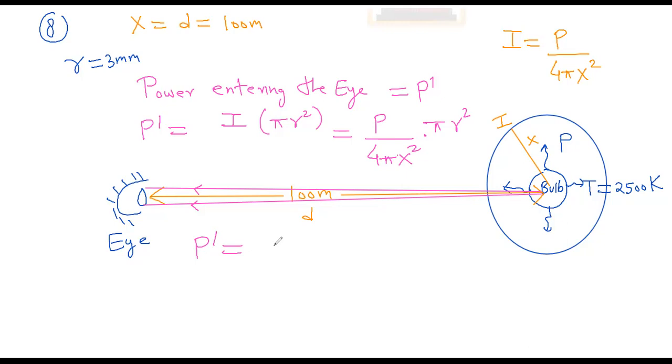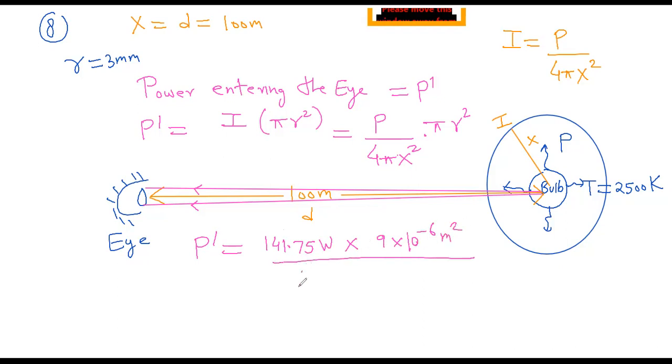P dash is 141.75 watt into r square, so 9 into 10 raised to minus 6 meter square, upon 4 into 100 meter square.